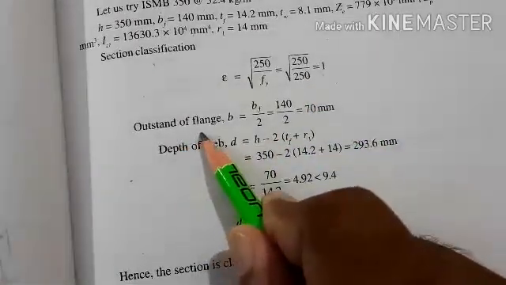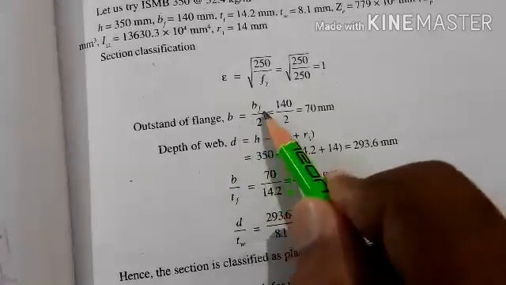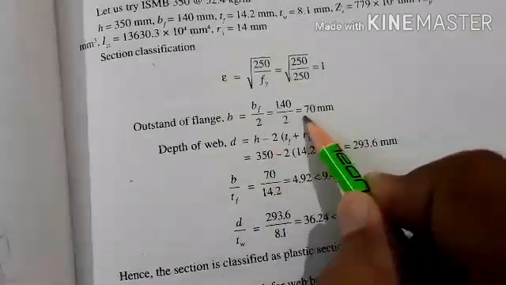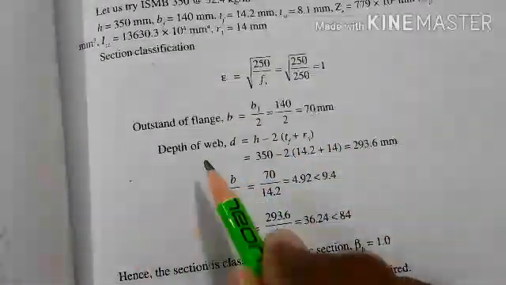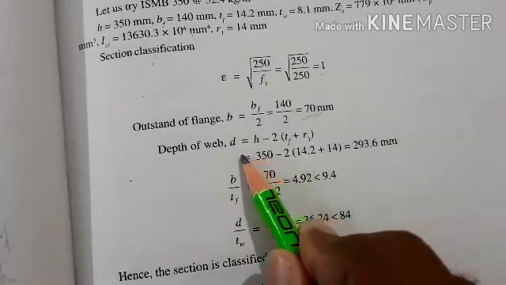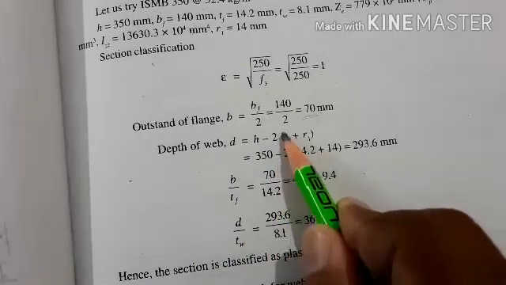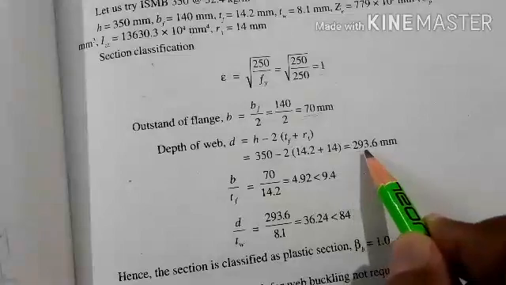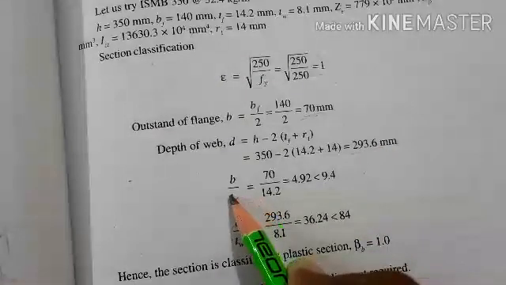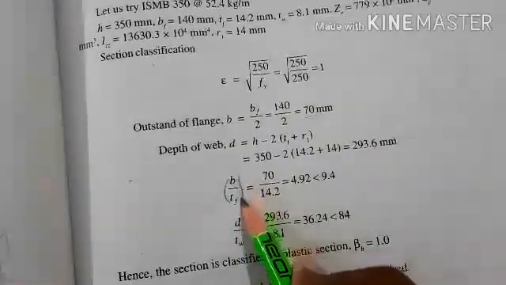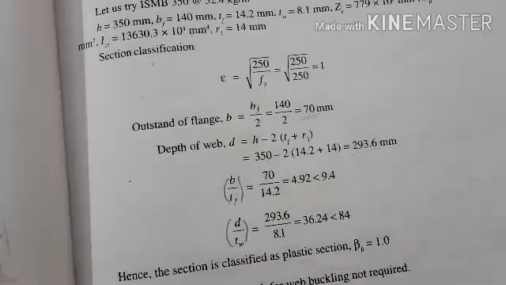Then take the outstand of flange, that is half of the width, this much is the outstand of flange. Then the depth of web to be calculated, that is h minus 2 times of tf plus r1. Then take the depth of the web, then you calculate the ratios. These ratios help us to decide the classification of the section.